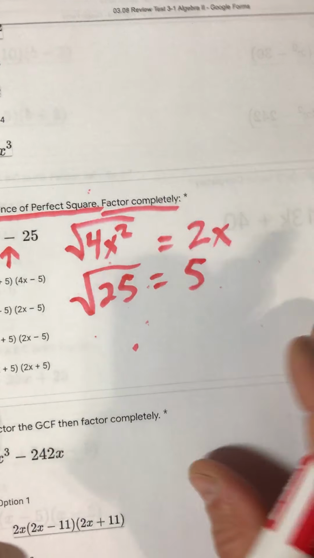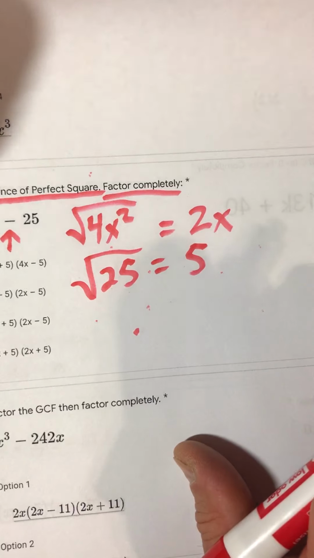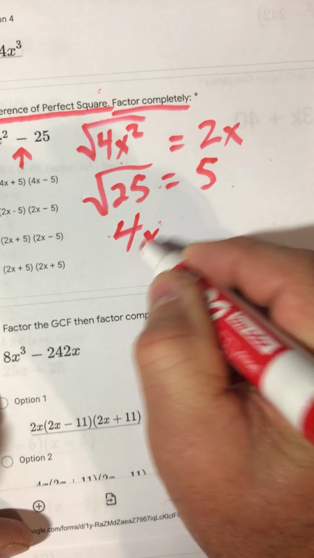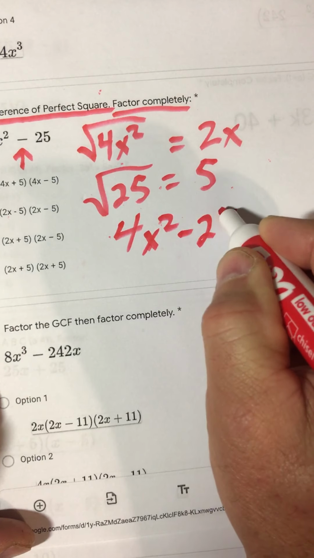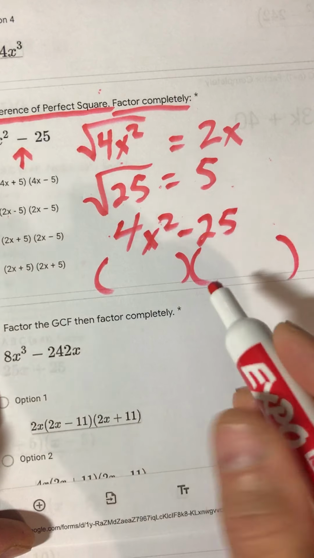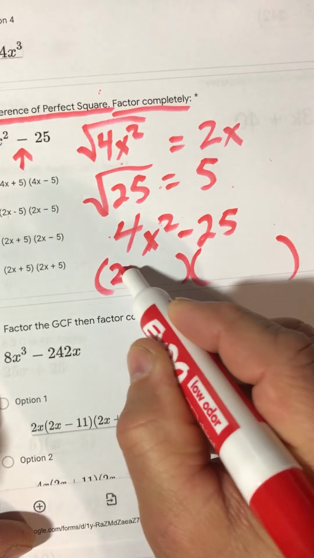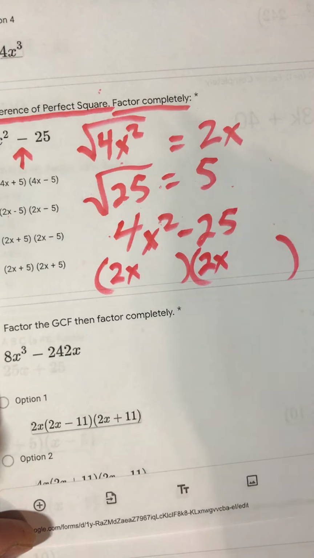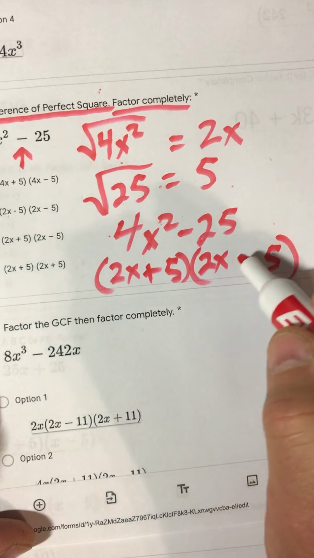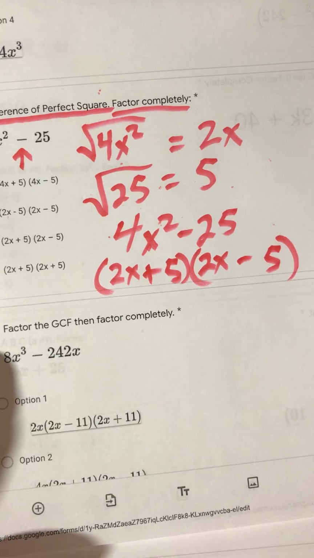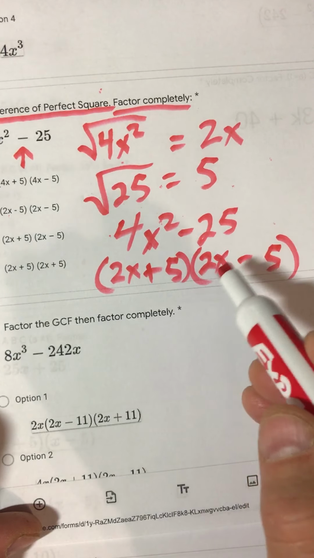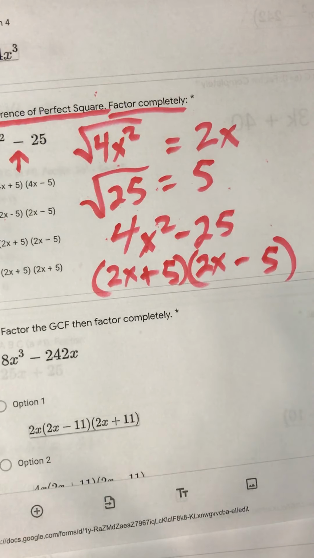So once you know that you are dealing with difference of squares, what I like to do is set up the two sets of parentheses right like that, and then just put the 2x, 5, 5, and it's plus and minus right off the bat. Okay, and it doesn't matter if you put the minus 2x minus 5 and then the 2x plus 5. It doesn't matter. Okay.